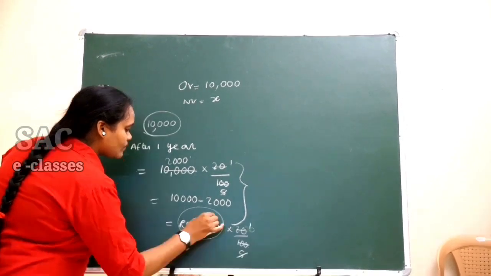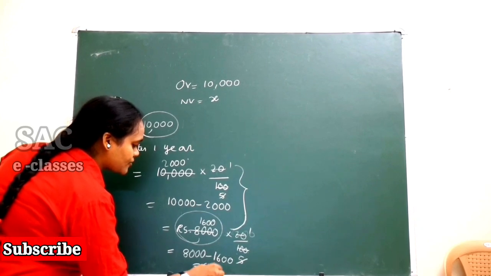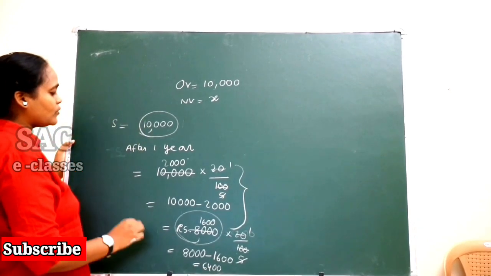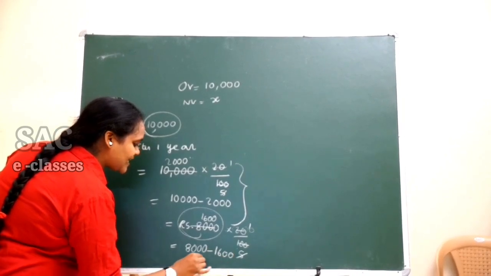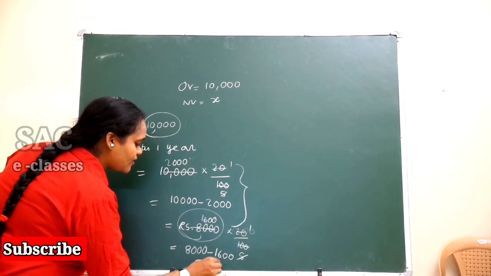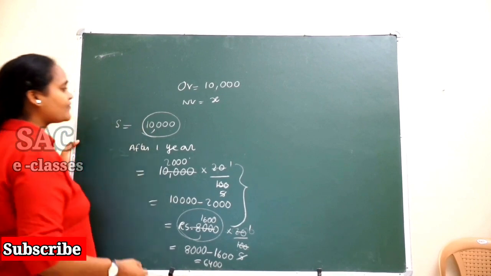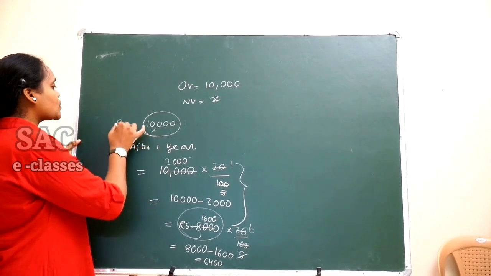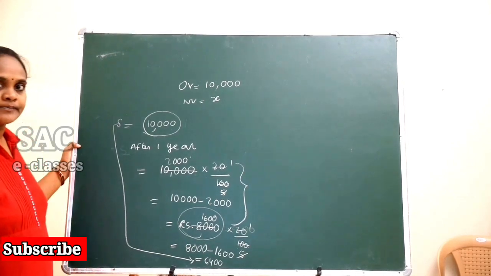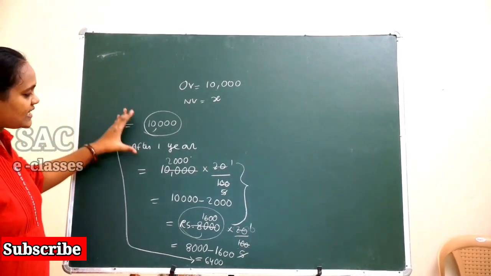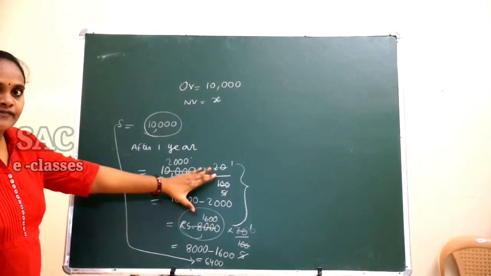That means the actual value after the first year minus the depreciated value in the second year will be 6,400. So after 2 years the scooter value is 6,400. This is the traditional method.